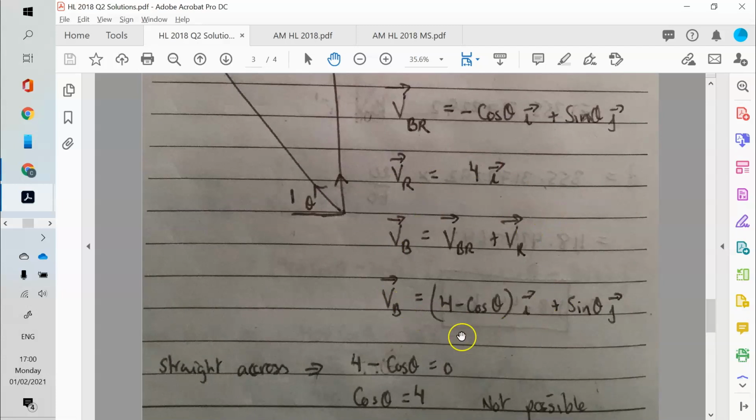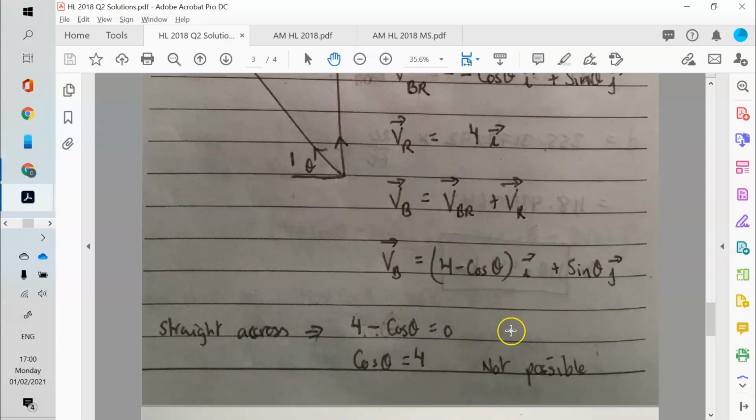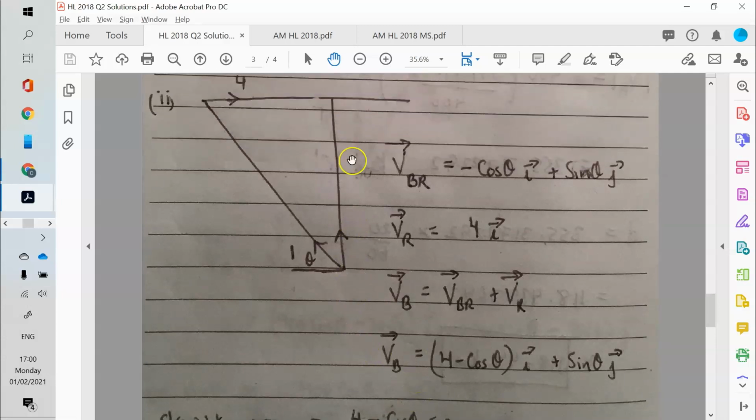If you try to resolve these equations, you end up with cosine of the angle is equal to 4, which of course is not possible. Maximum value for cosine is 1, so it's not possible to go directly across this river. We are going to end up slightly downstream.